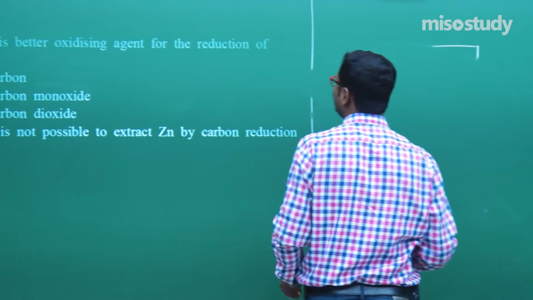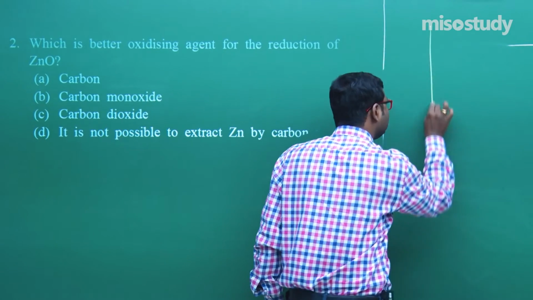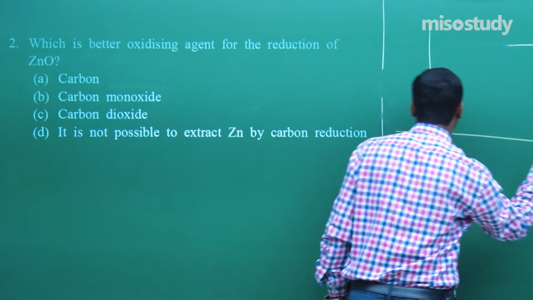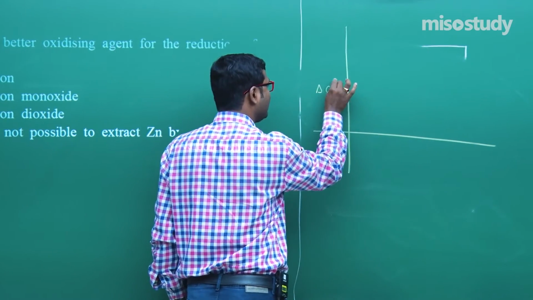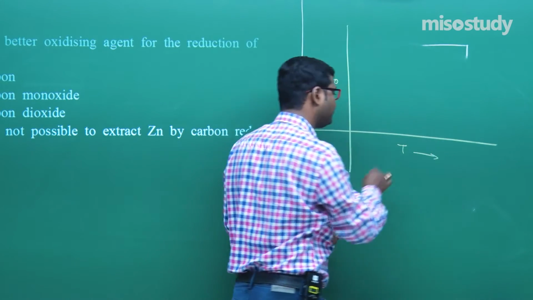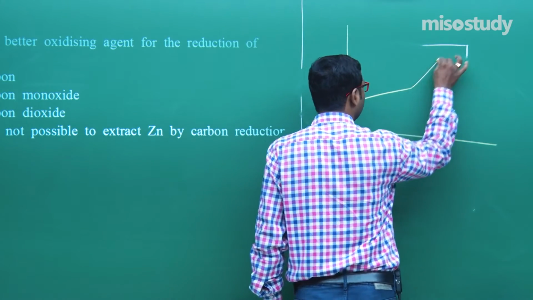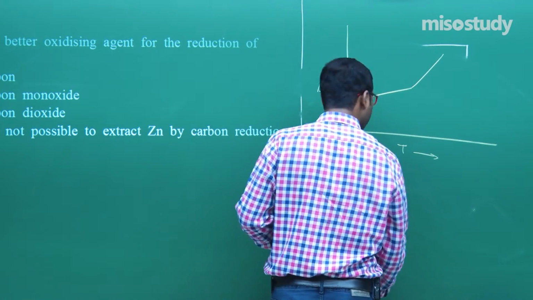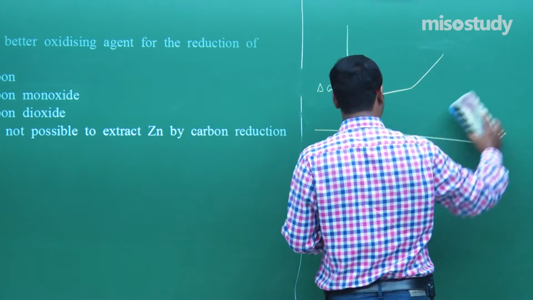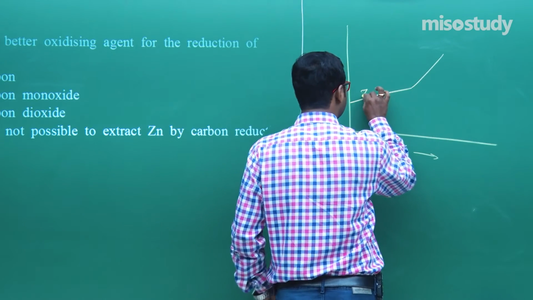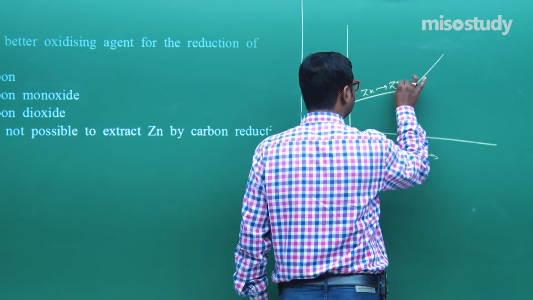Now here is given ZnO. This is the graph. Look at what I am telling. That is delta G and T. Clear to you? Now this is the graph of ZnO. Clear to you? ZnO.